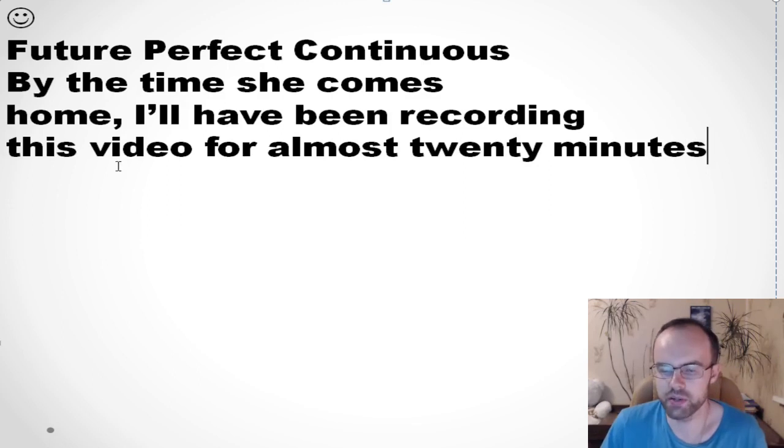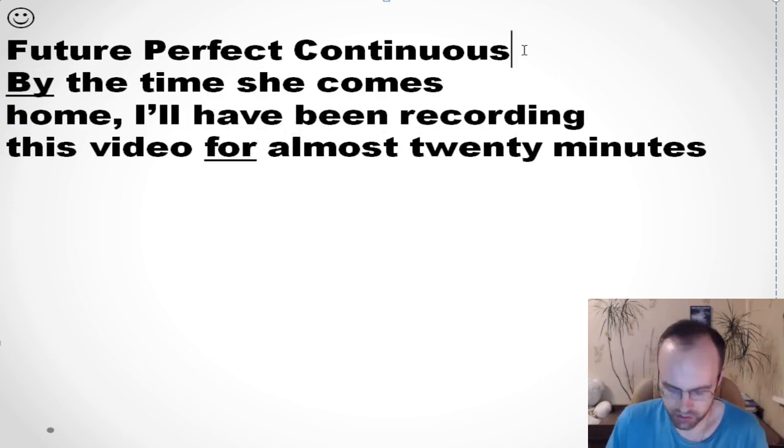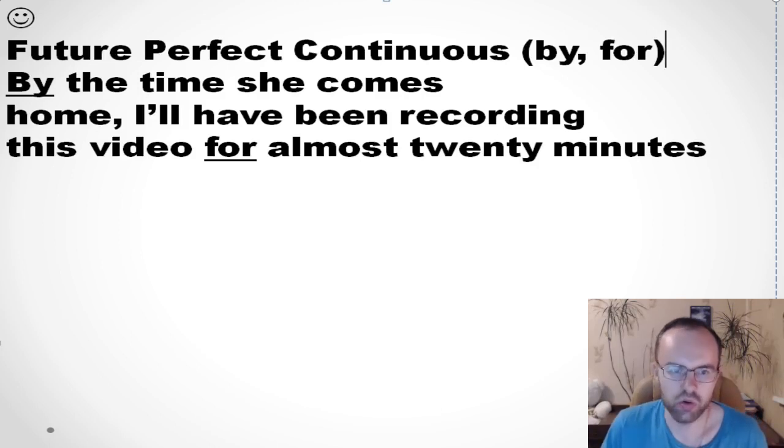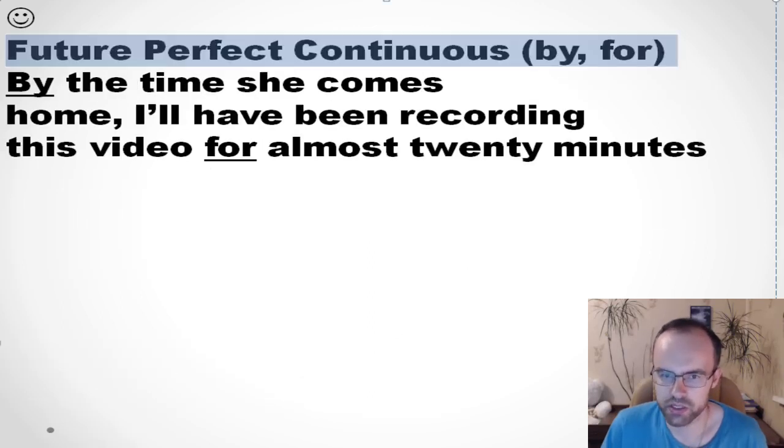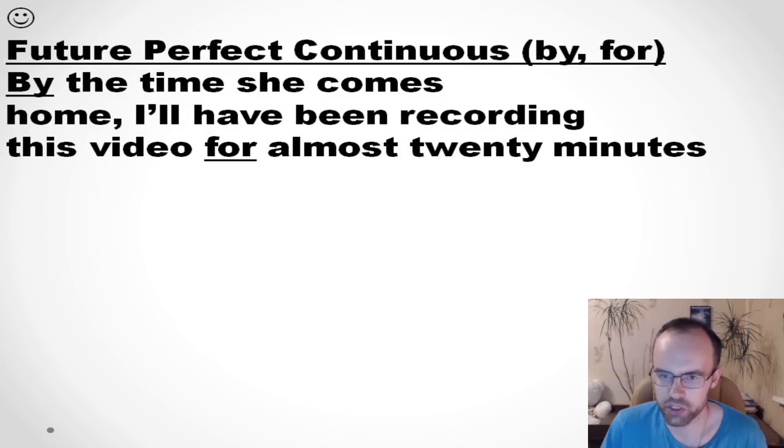So it's the same situation, but we use it with by and for. So you know that we use future perfect with by, and we use future perfect continuous with by and for. You need to remember it.